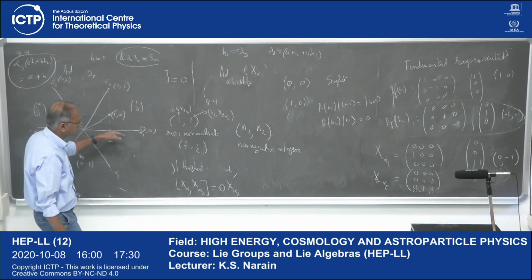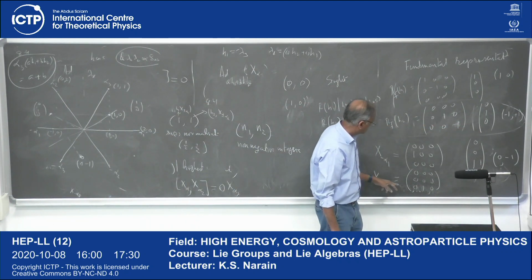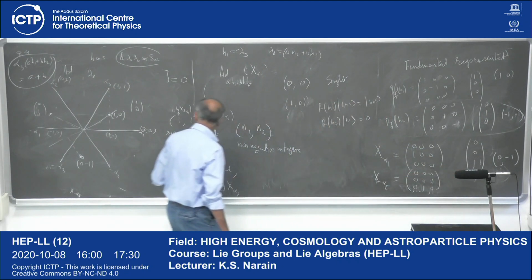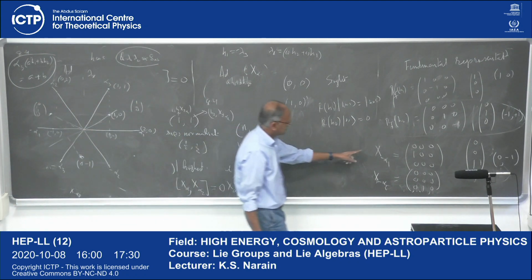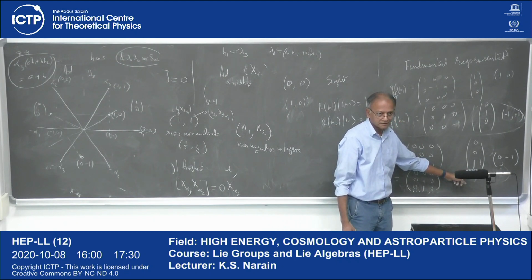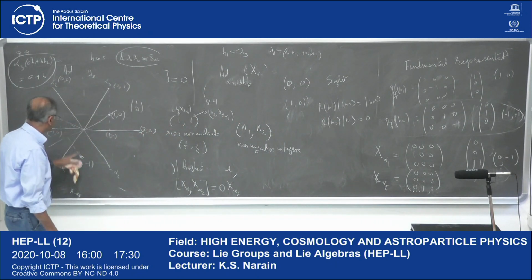X minus alpha 2 could not act on it, but it acts on this one and gives you exactly this state. That is the state here. After that, everything stops. Both x minus alpha 1 and x minus alpha 2 acting on this state give you 0. So that ends it. This is a three-dimensional representation whose weights are given here.